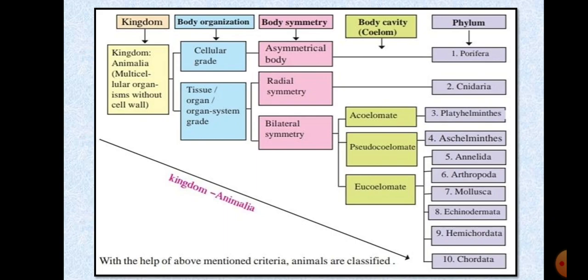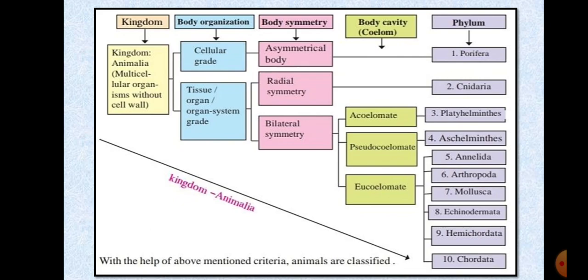I hope whatever we have studied till now is very clear to you all, and if you remember this criteria, this method of classification, I am sure this is really going to help you in studying the characteristics of the animals, because then it would be easy for you to differentiate or to place the animals, as scientists have studied, right?